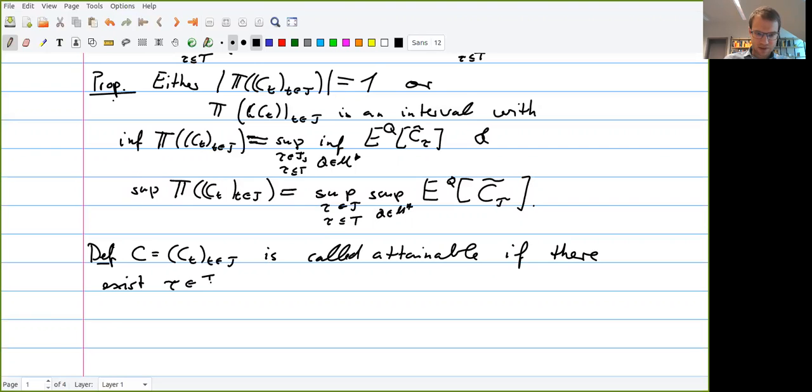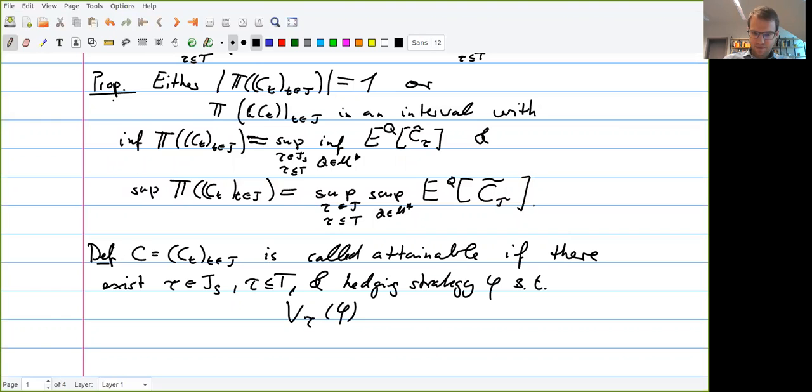You can find a stopping time tau, which is an exercise strategy, so tau is less than or equal to T, and a hedging strategy, in the European sense, that you can hedge the corresponding European payoff.